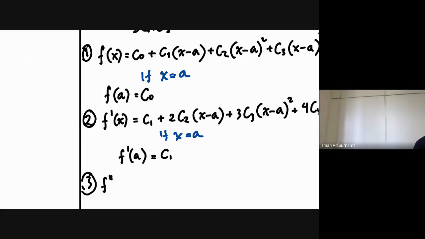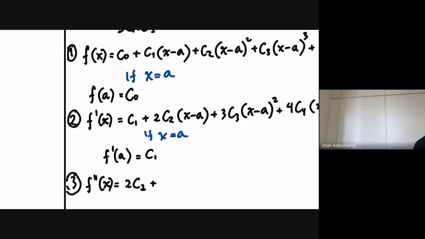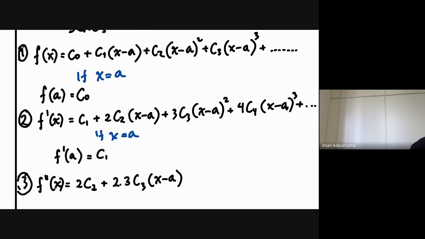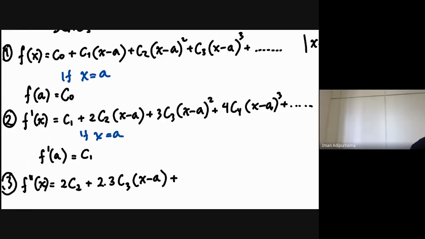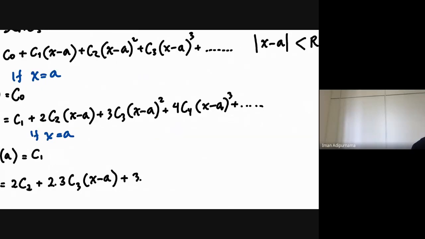So the second derivative will be 2c2 plus, now let me write this as 2 times 3, c3 (x minus a), and then plus, we differentiate another one, 3 times 4, c4 (x minus a) squared.